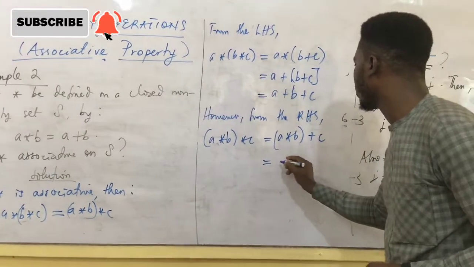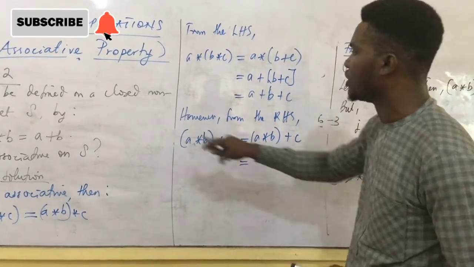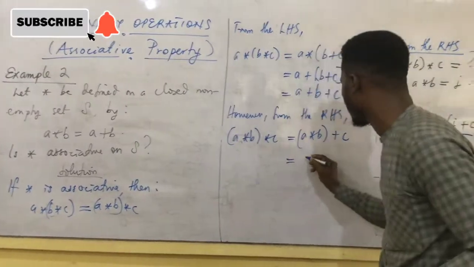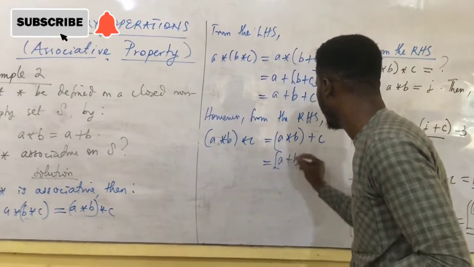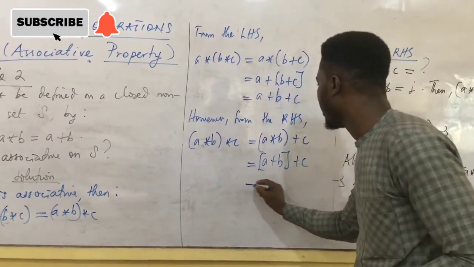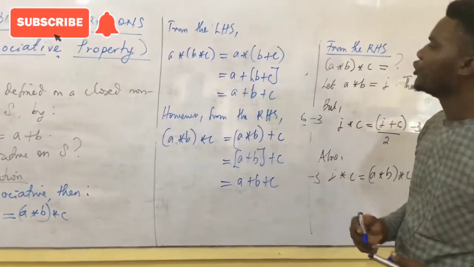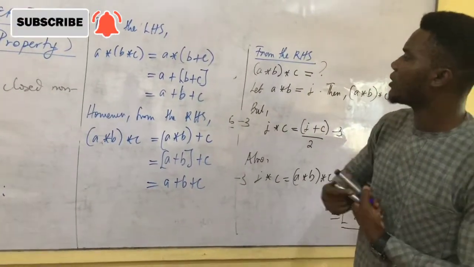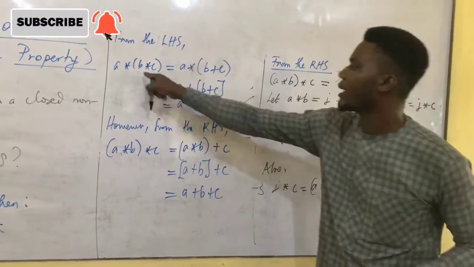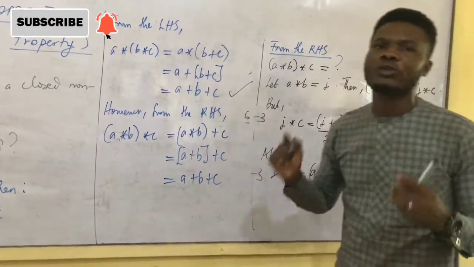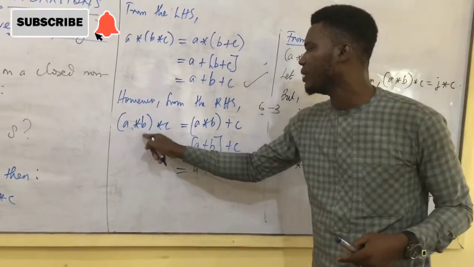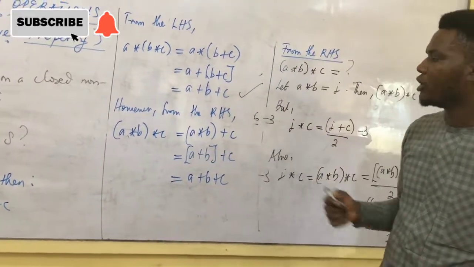Now, this will result in A asterisk B, which is already A plus B. So I'm going to put this A plus B in bracket plus C. Now, this results in A plus B plus C. Now, you will notice that the result I obtained for A asterisk (B asterisk C) is equal to the result I have obtained for (A asterisk B) asterisk C. What does that tell us?